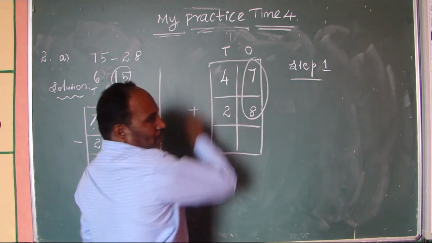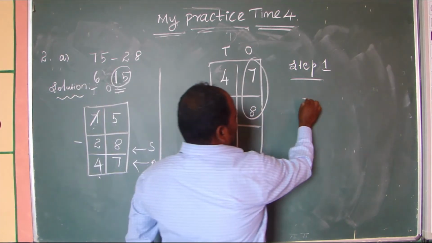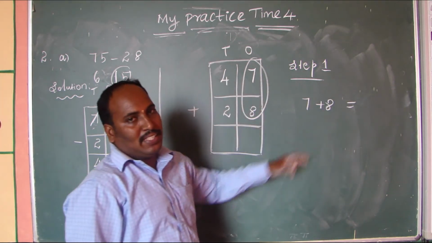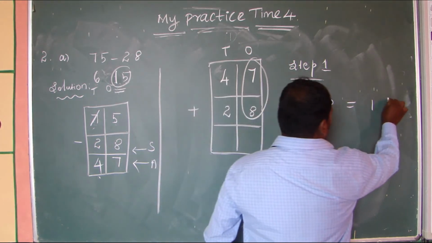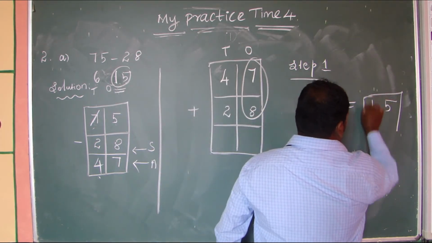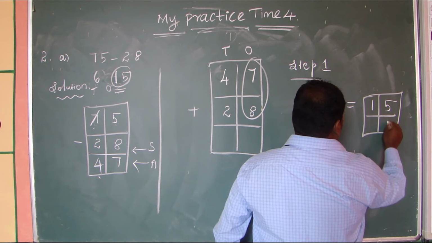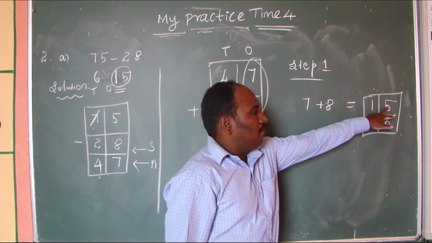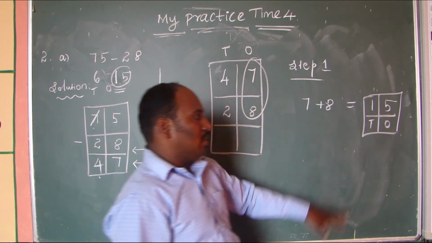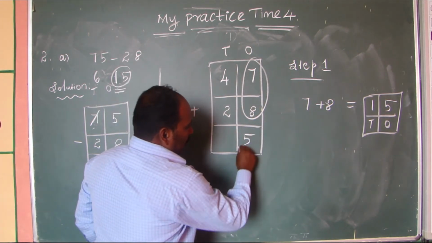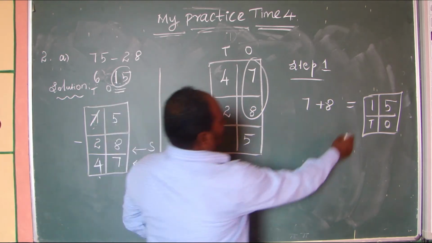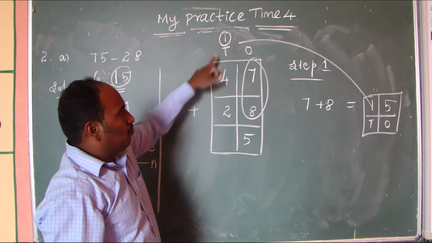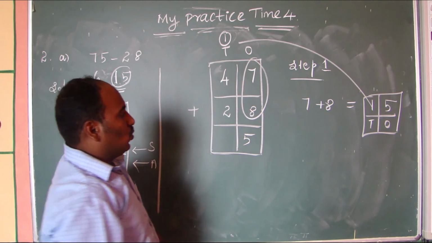First we add the ones place. 7 plus 8 is equal to 15. Ones place is 5, and the 1 is carried over to the tens place. So 1 plus 4 plus 2.